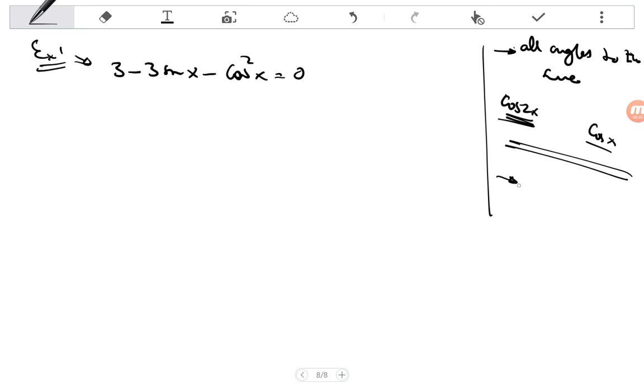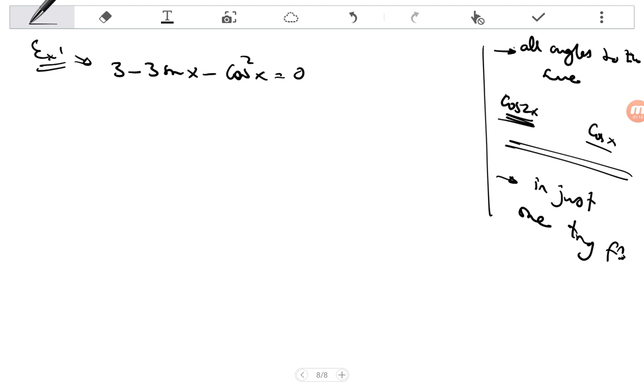The second rule is to express the equation in just one trigonometric function. So you need to express the equation all in terms of cosine, or all in terms of sine, or all in terms of tan.